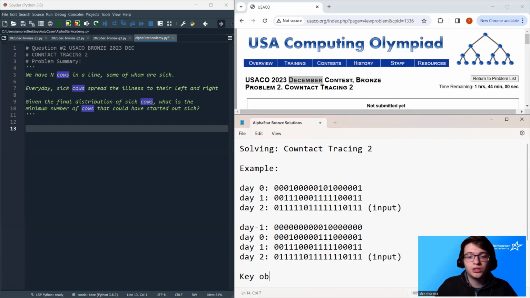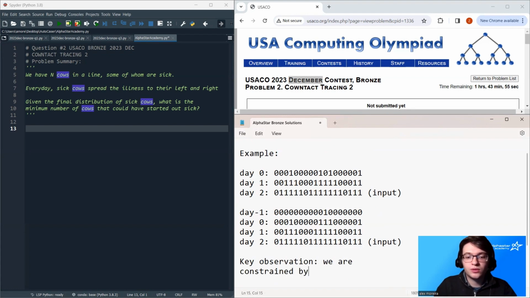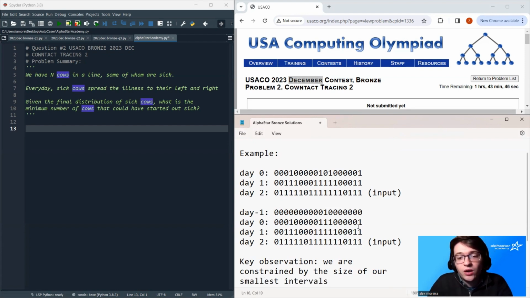So key observation, size of our smallest, in some sense, right, we can't go any further back in time than when these intervals sort of reach 1 cow, right? So these intervals, they've reached 1 cow.